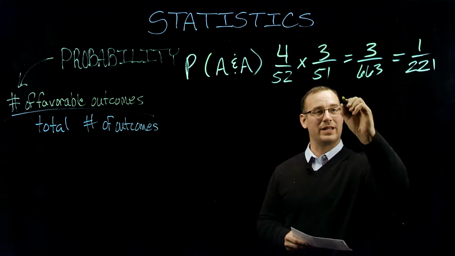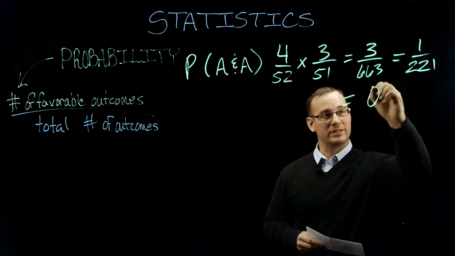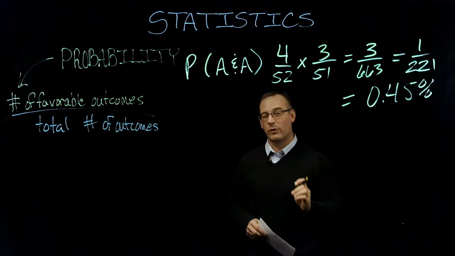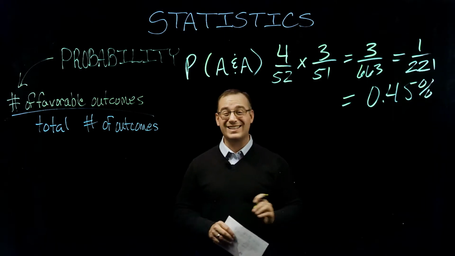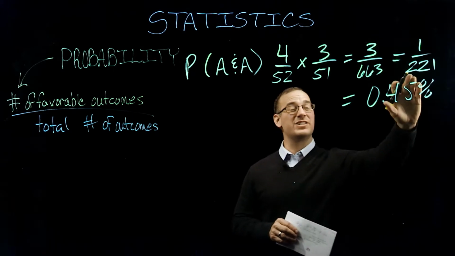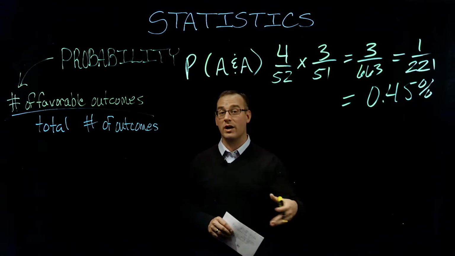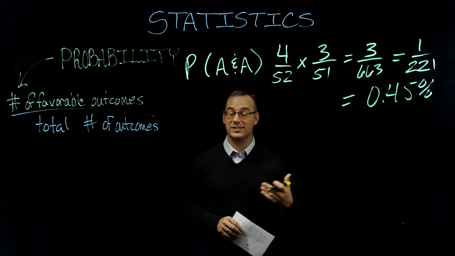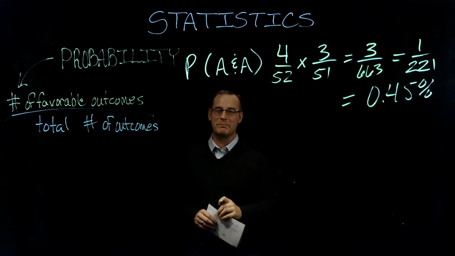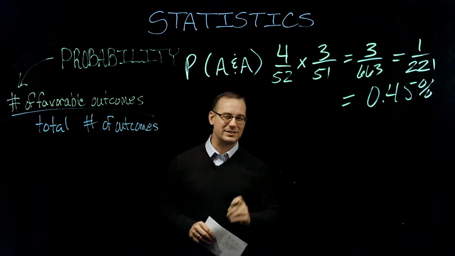So 0.45% of the time, so less than 0.5% of the time, or out of every 221 draws of 2 cards out of a standard 52 deck of cards, you're going to start with that best hand in poker, ace-ace.